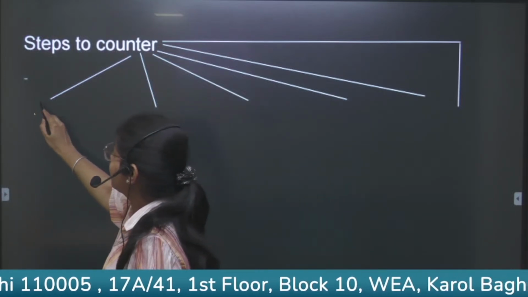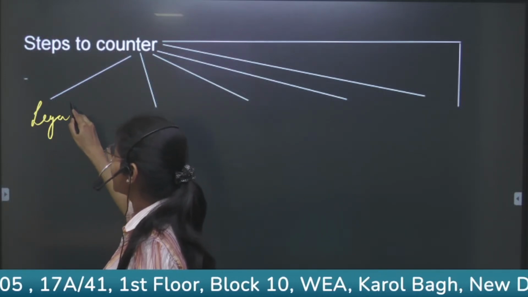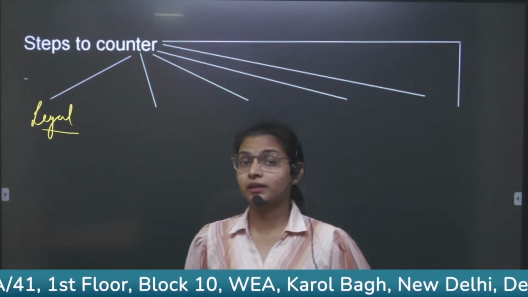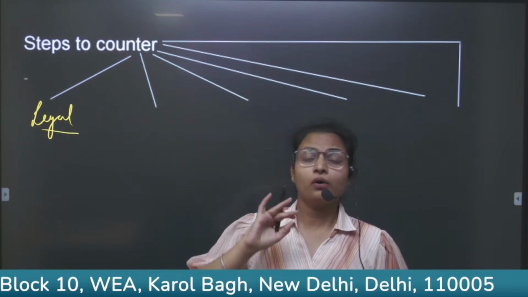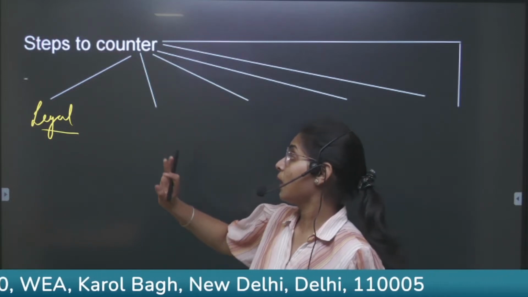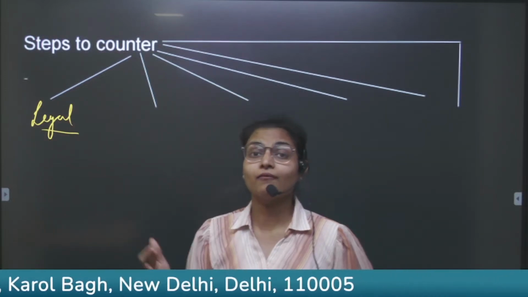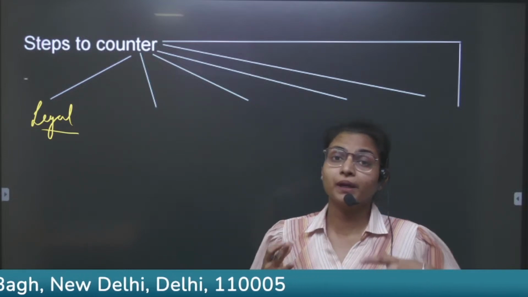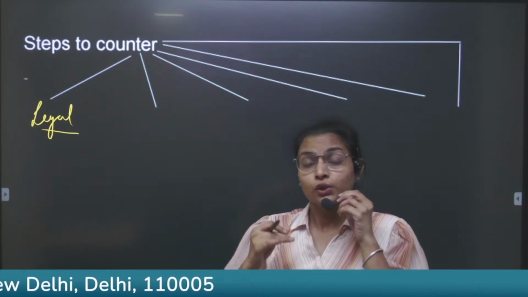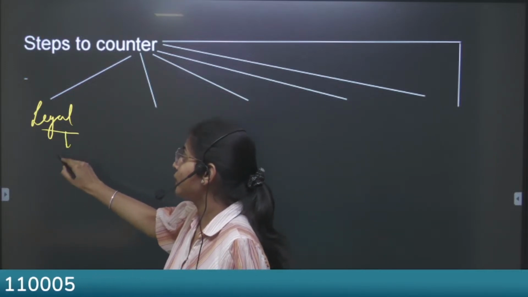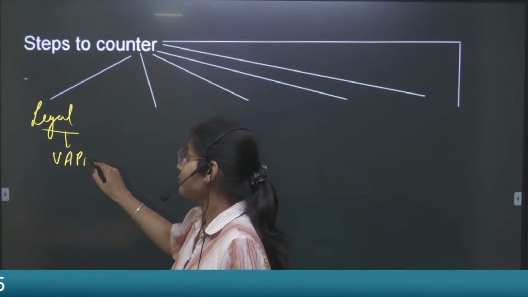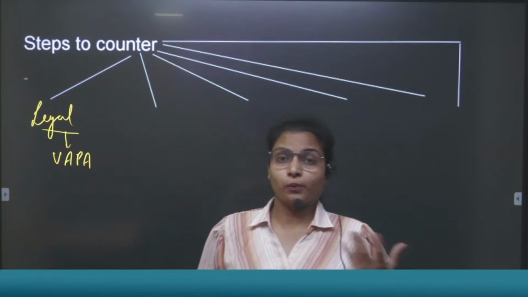Firstly, write about the legal measures taken with regard to anything, whether the question is about cyber crime, money laundering, or any other topic. You need to have some kind of template prepared in advance, so that you will just be able to give the examples. For example, here you can write about the UAPA, Unlawful Activities Prevention Act.